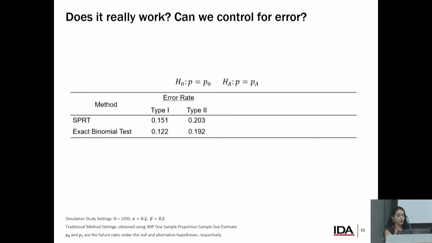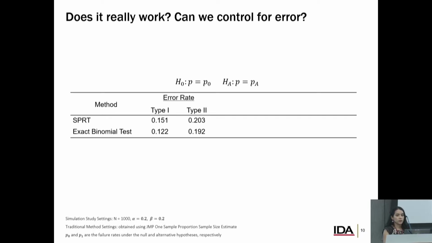We are using the exact binomial test as the non-sequential method. And we can see that the errors are similar in both cases. If I reject my null hypothesis when I'm not supposed to, or if I accept the alternative when I'm not supposed to, those are errors that I'm making there, and they are about the same.